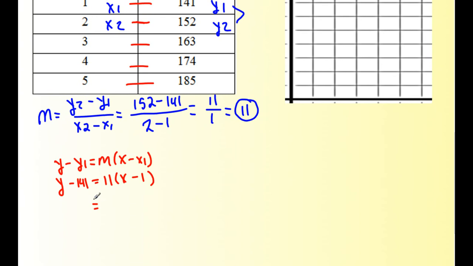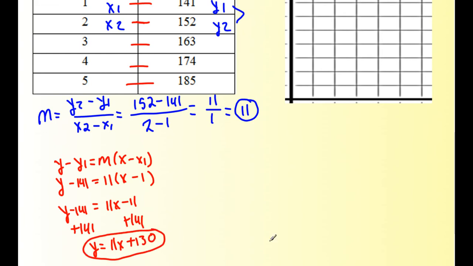If we now solve for y, we distribute 11x minus 11, y minus 141. We're going to add 141 to both sides. y equals 11x, 141 minus 11 is going to give us 130. This is now the equation of a line. That is a linear function.